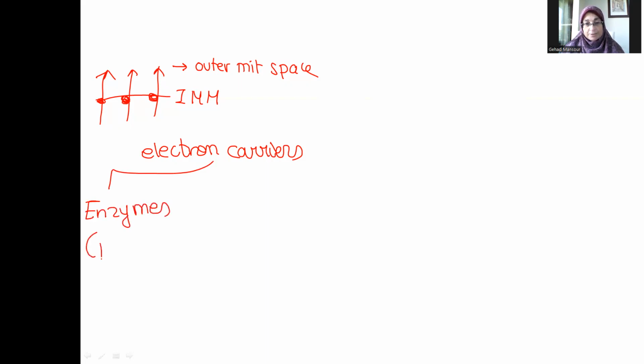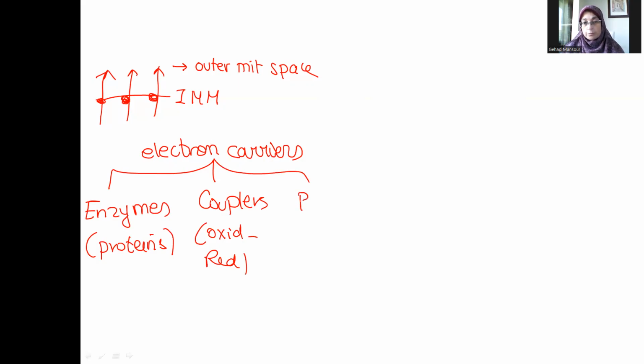They are enzymes, and therefore they are proteins. Number two, they are couplers, because they couple oxidation to reduction. And number three, they are proton pumpers. Here, coupling oxidation to reduction is because they are electron carriers.